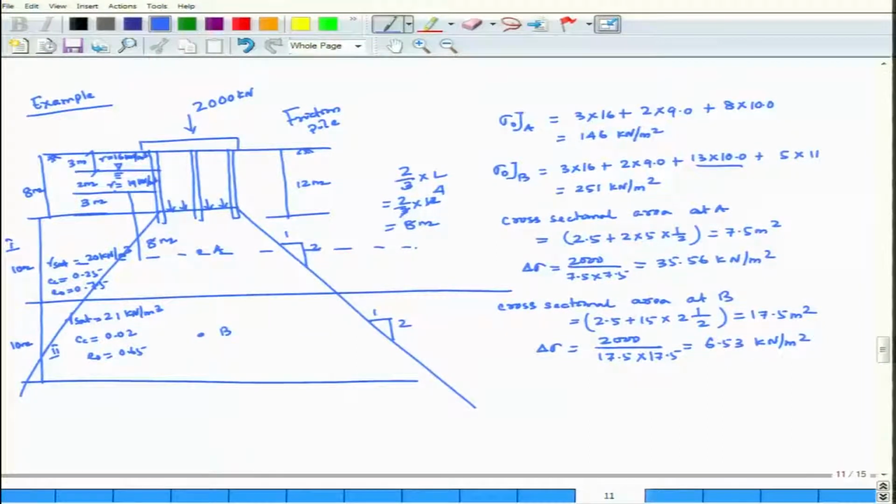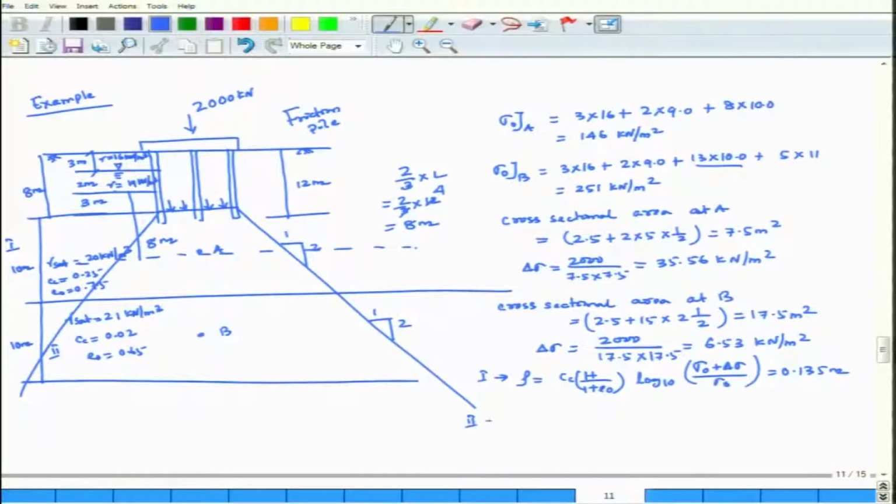For settlement of layer 1, consider layer 1, rho is equal to Cc h by 1 plus e0, log 10 of sigma 0 plus delta sigma by sigma 0, which comes out to be 0.135 meter.